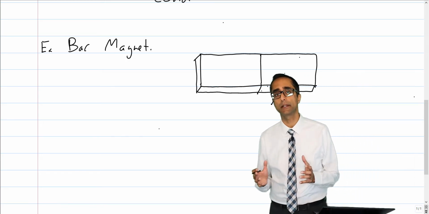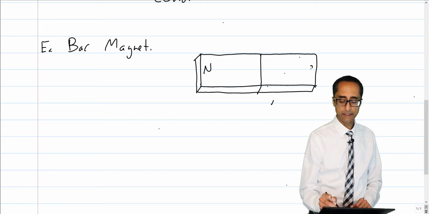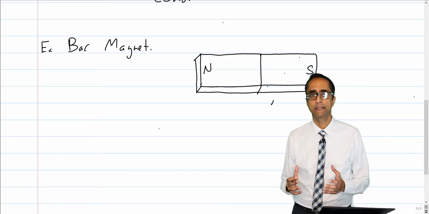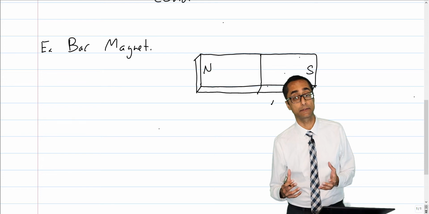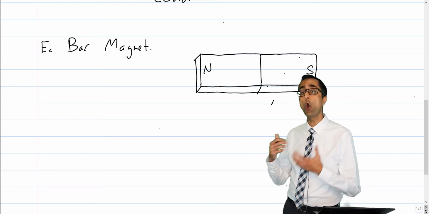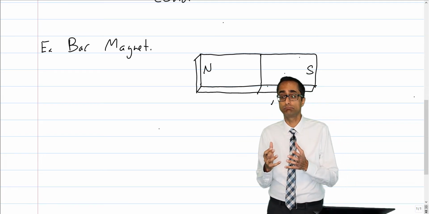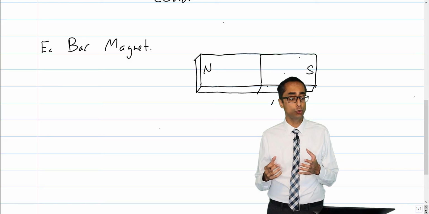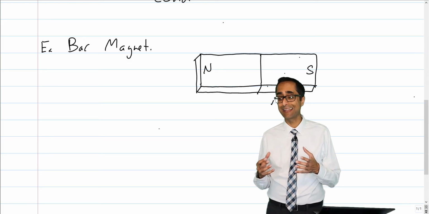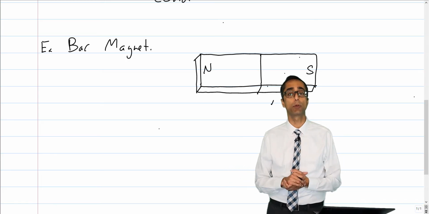But then it has two polarities. The bar magnet itself is not one type of magnet. It has both types of magnets on it. And in fact, this is how all naturally occurring magnets occur. You can find a magnetite and it will have both a north and a south property.